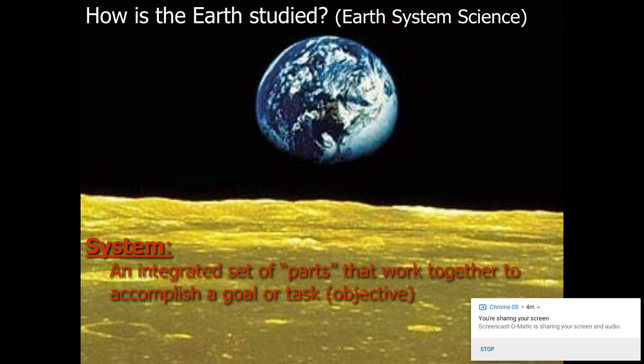But how about another system? I'm thinking of the human body, for example. Certainly the human body is composed of a whole host of systems: respiratory system, cardiovascular system, nervous system. And all these individual systems work together to produce an outcome. Think of it this way: can you imagine the human body missing the skeletal system?